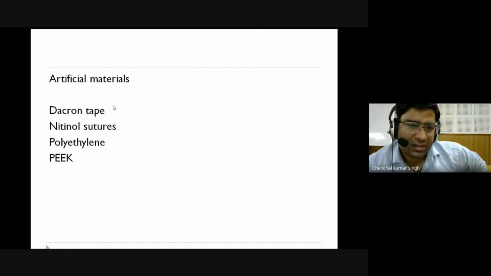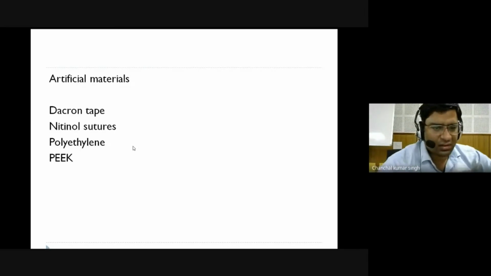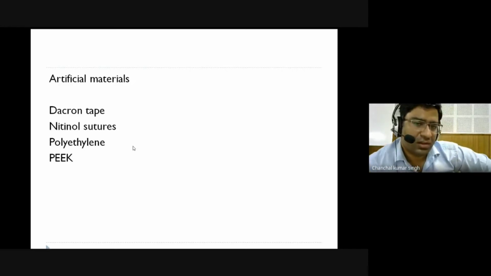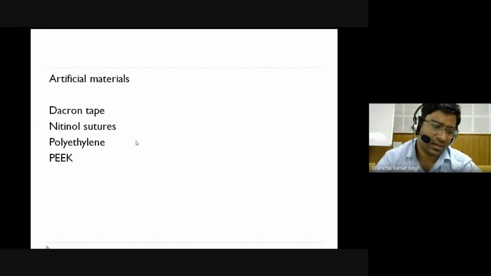You have certain artificial materials also. Just to list them, there are Dacron tapes, Nitrilon sutures, polyethylene tapes, and polyether ether ketone. These are the artificial materials which can be used at times. We use them for augmentation, mostly in revision ACL and PCL surgeries, not much for tendon repair, because there you need constant force and constant working.